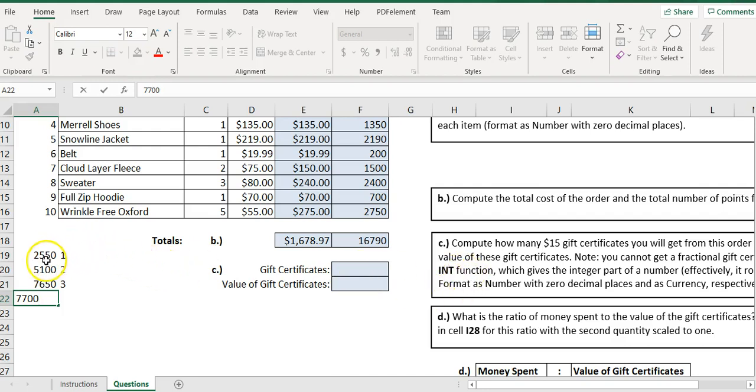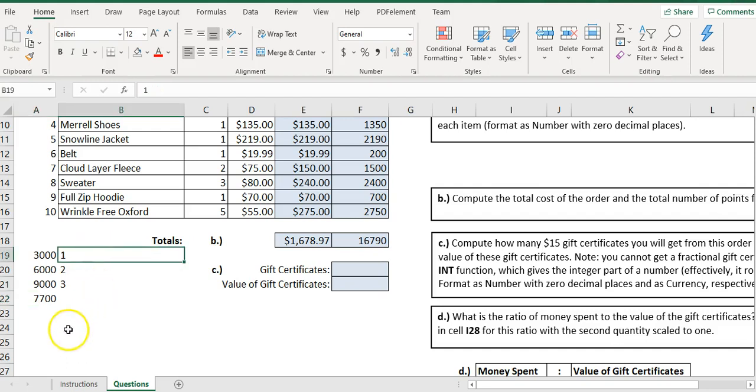So how do we figure this out? So 2550 divided by 2550 gives me 1. 5,100 divided by 2550 gives me 2. So I'm going to use that formula here. Let's just pretend for a second that it was 3,000. 3,000 points gave me a point, and that means this would be 6,000, and this would be 9,000.